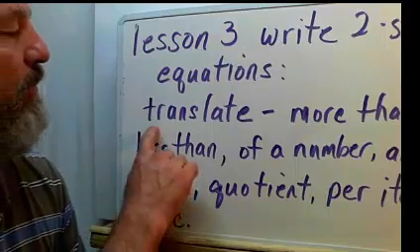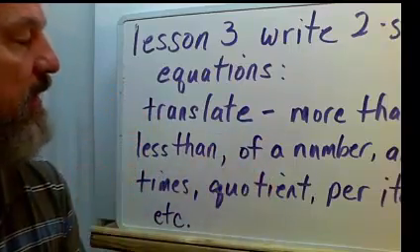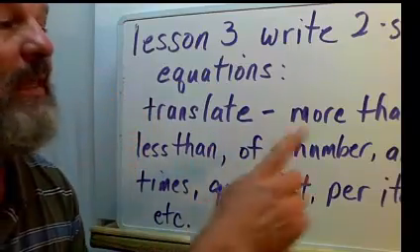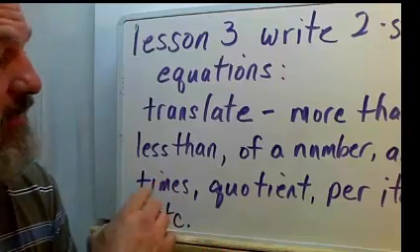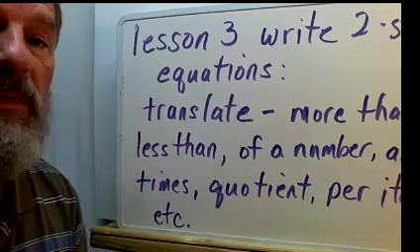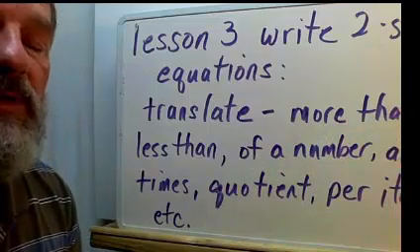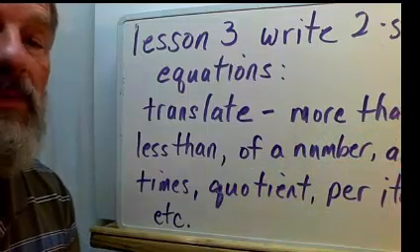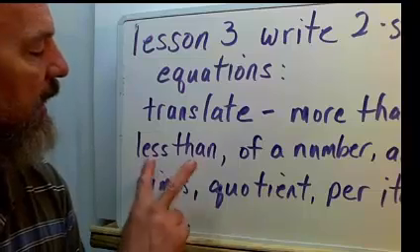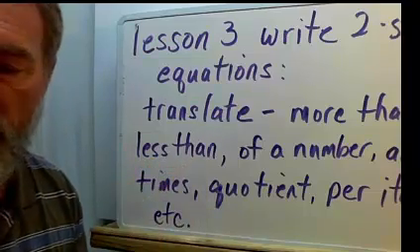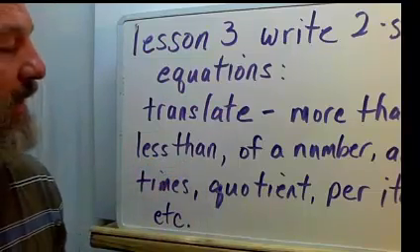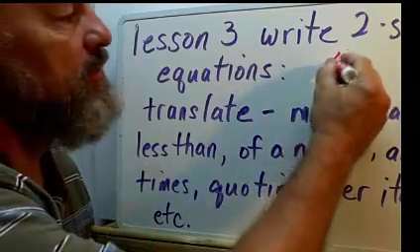So basically what we need to do is understand how to translate words like more than, less than, etc. into mathematical statements. For example, more than: if you have 8 more than another number, we're talking about addition there. A very common mistake is when kids see the words less than, they immediately think of this symbol.